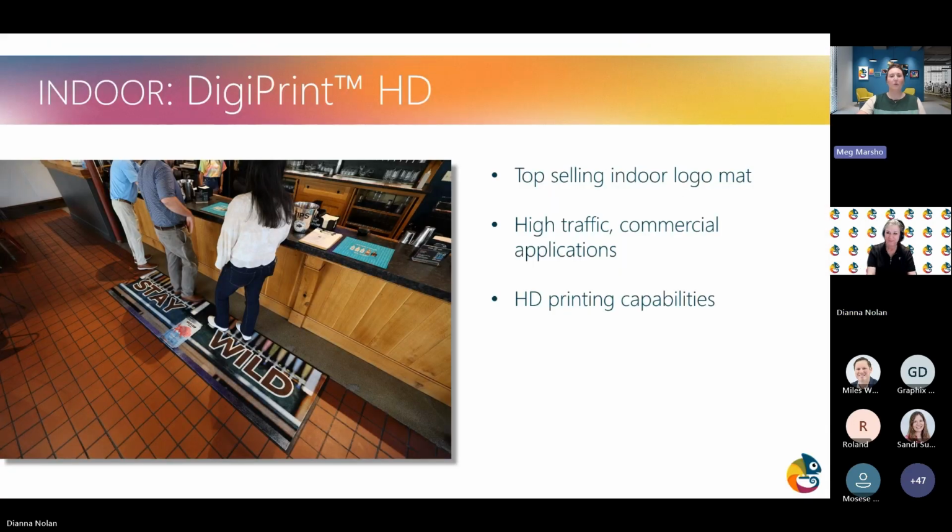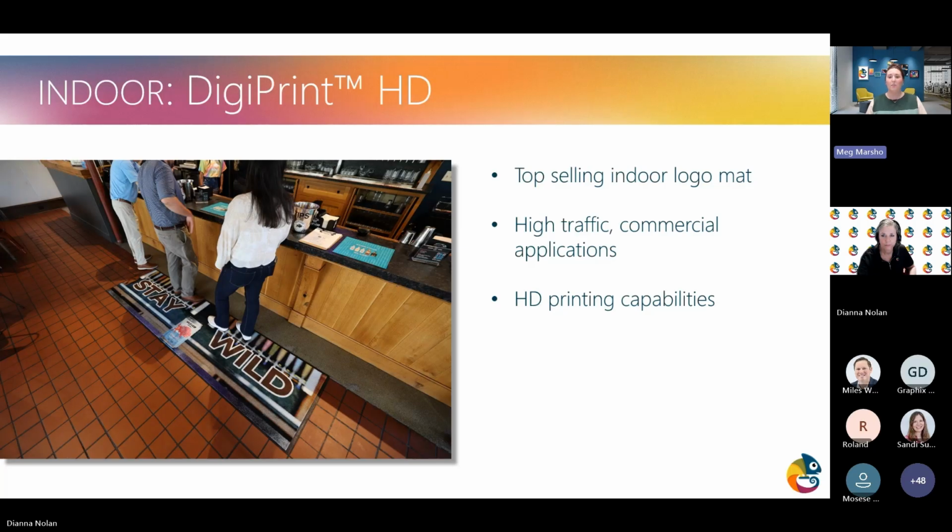Alrighty, so starting out, we've kind of broken it down to indoor and outdoor options, just so you can break those down into categories, make it easy access for your customers on there. The go-to we would probably recommend is going to be the DigiPrint HD. This will be the go-to for indoor mats. Anytime your customer is needing that indoor mat, we would recommend this.